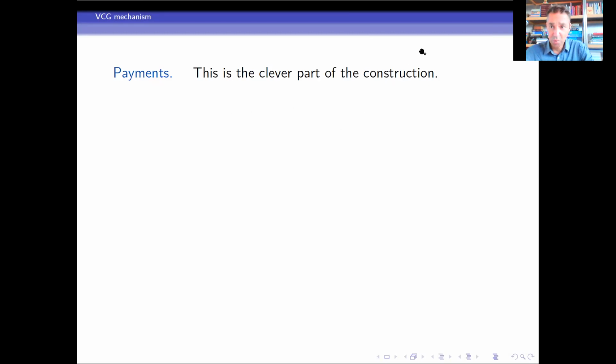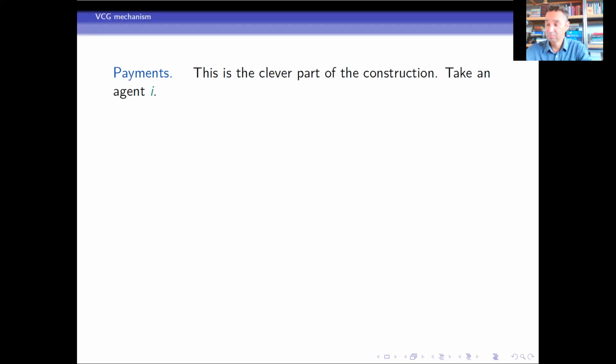So how does that work? Well, as follows. You look at an agent i, and we compute the payment for that specific agent. What does he have to pay? He has to pay what is called his externality. How is it computed? We first act as if agent i was not there.